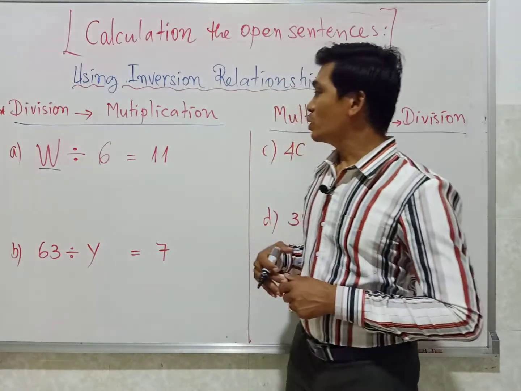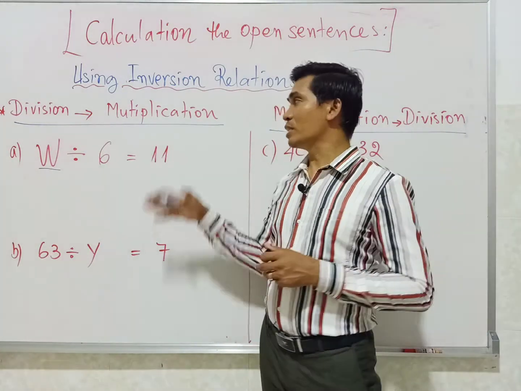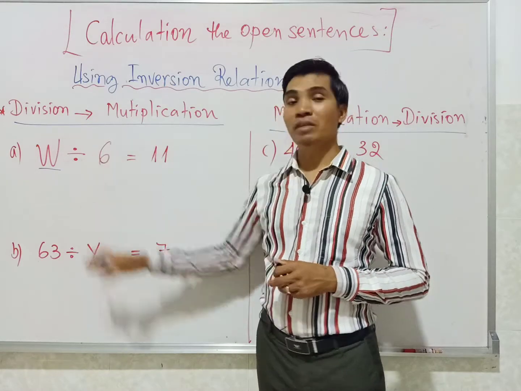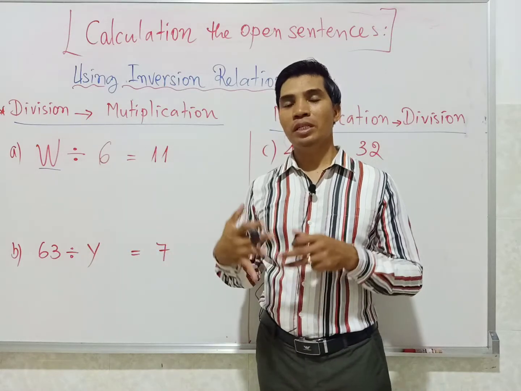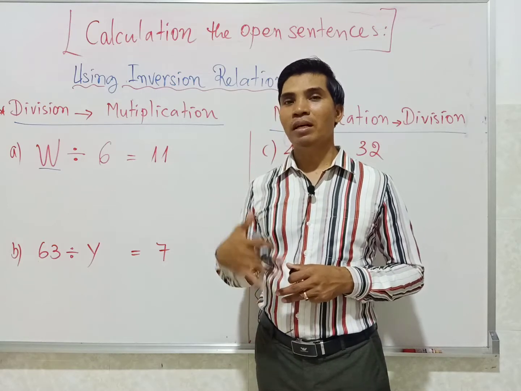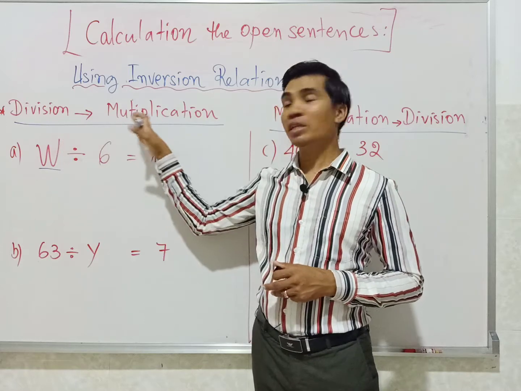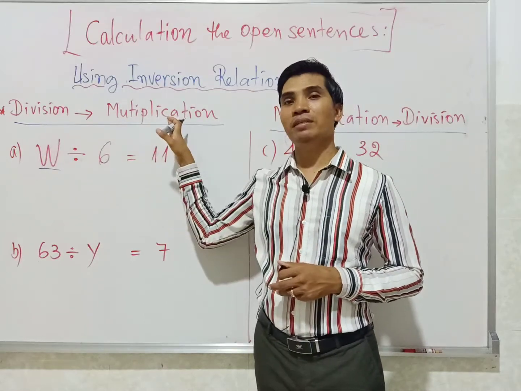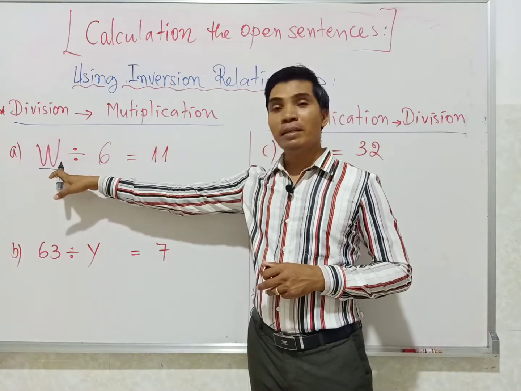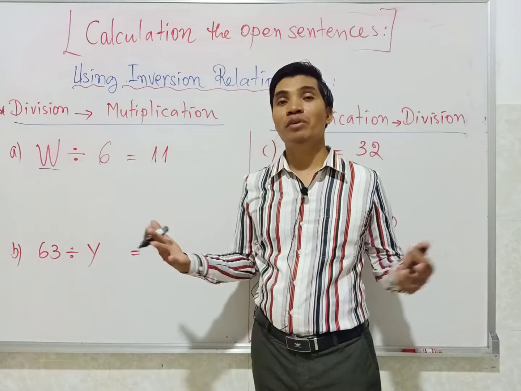To work out this open sentence, this one is about division. So we use the inverse relationship with multiplication, okay. When we have division, the inverse relationship is multiplication. So to find the value, what are we going to do?